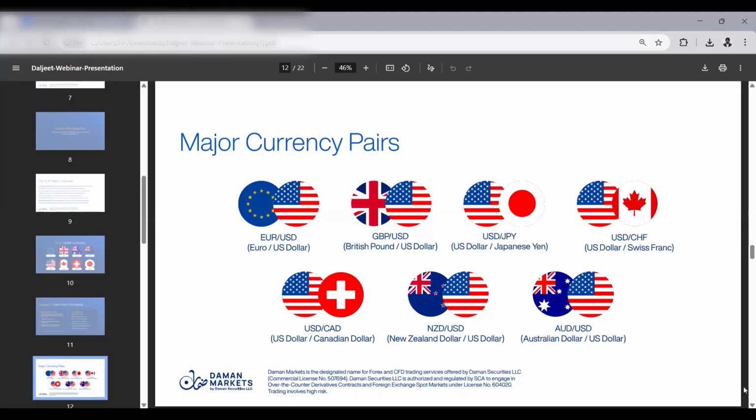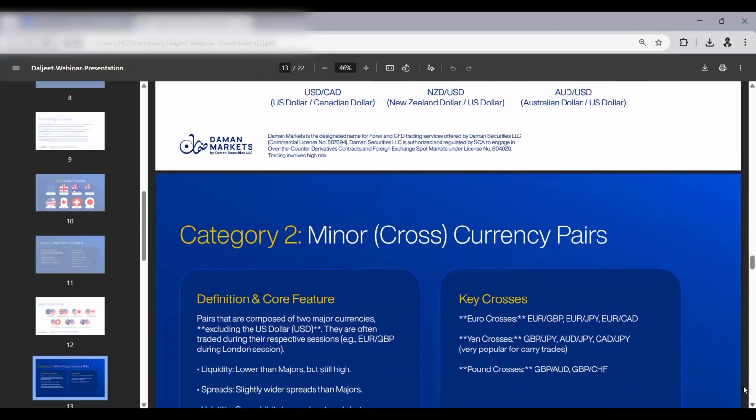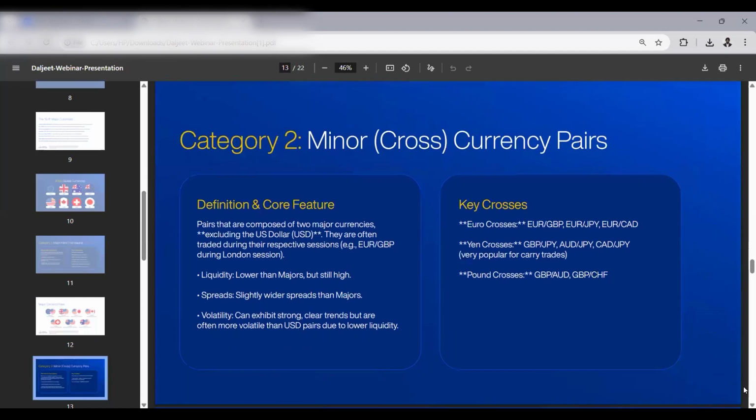Is that okay? So we're going ahead to the next thing, that is minor pairs or cross currency pairs. We say minor pairs or cross currency pairs for all the currency pairs without the combination of USD. Earlier, the major currency pairs were all the pairs with the combination of USD.